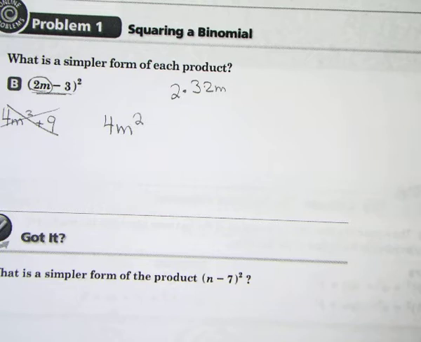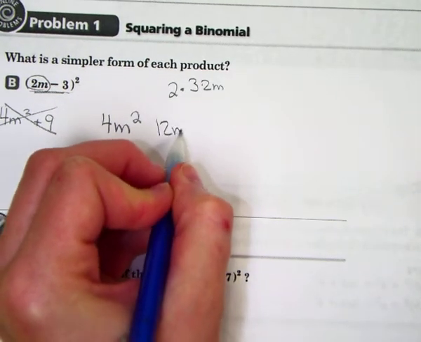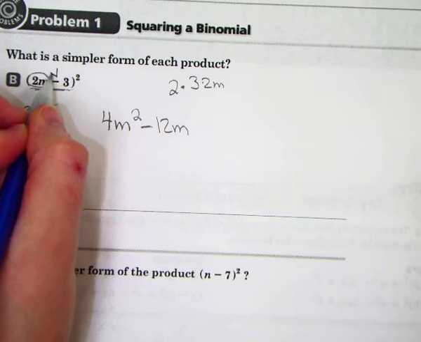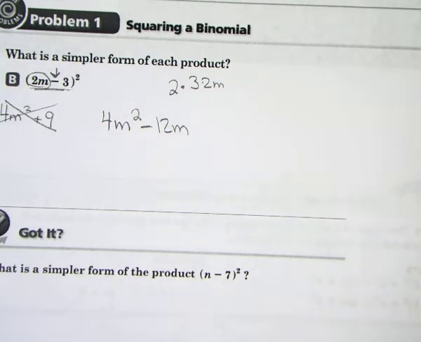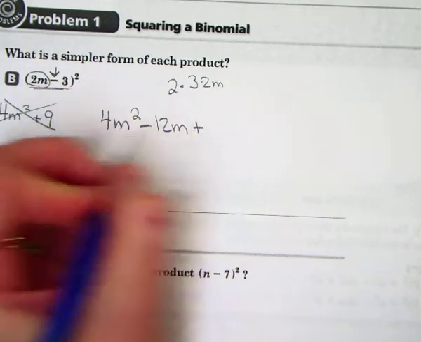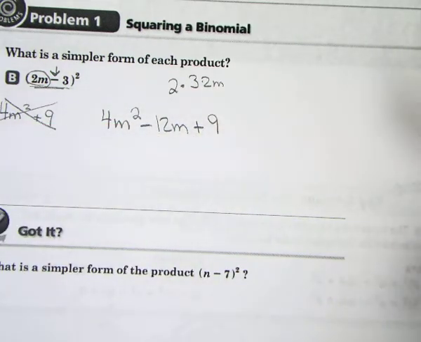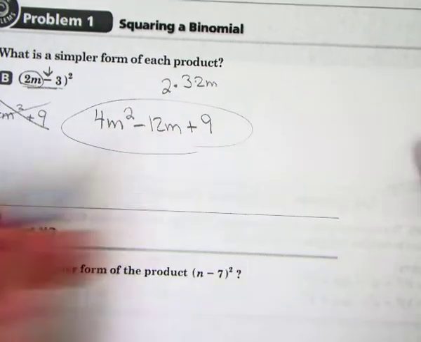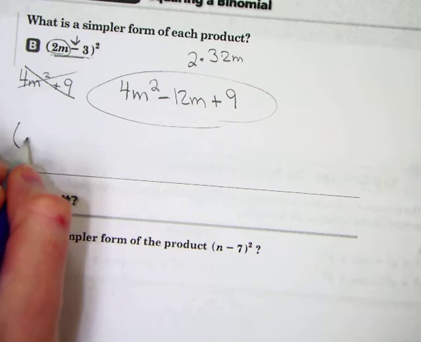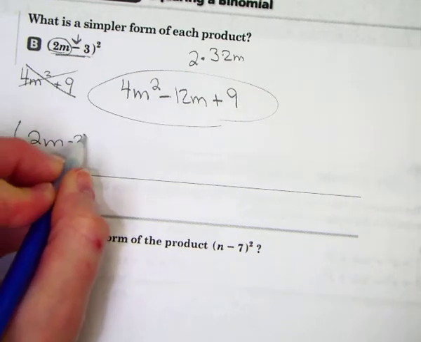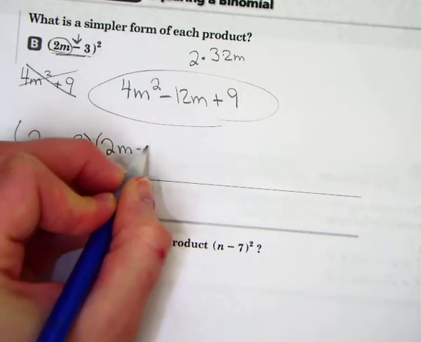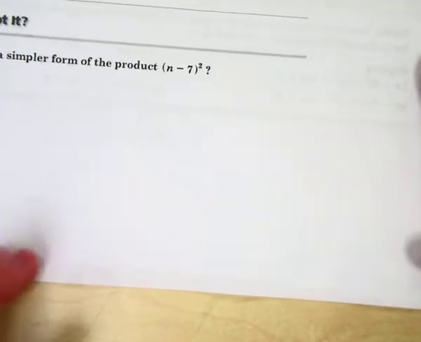Well, 2 times 3 times 2, that's 6 times 2 is 12m. This is a minus sign because of this minus sign right there. At the very end, by the way, this is always a plus. 3 times 3 is 9. Or if you want to say -3 times -3. That's the shortcut. If you needed to go the long way, if you forget your shortcut, just write it twice and then distribute.